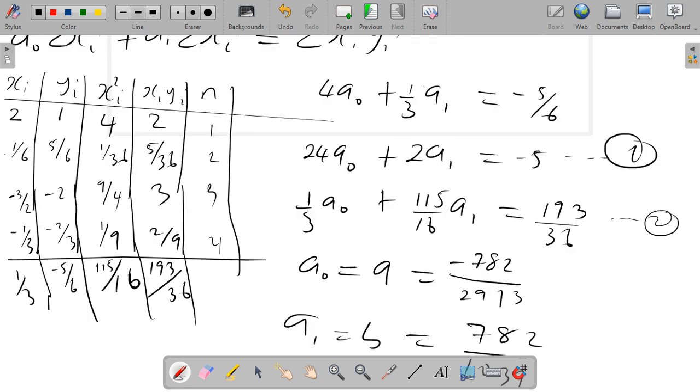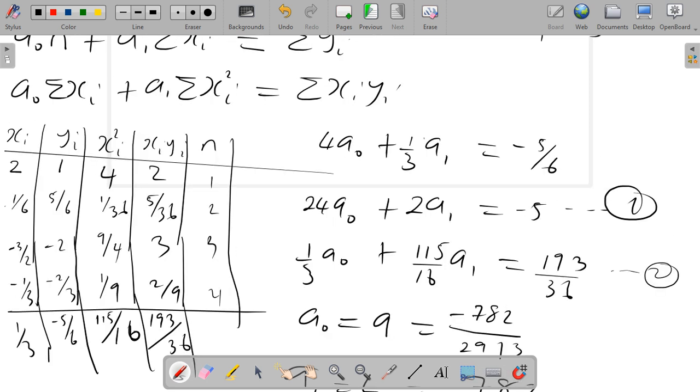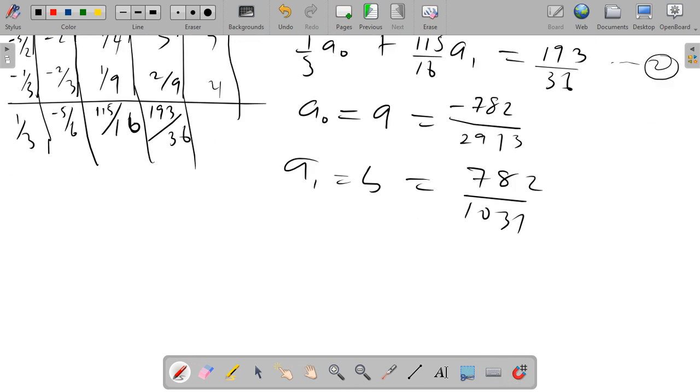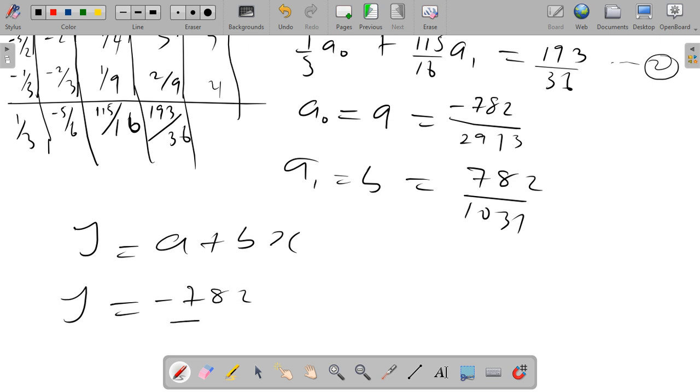So your final answer becomes, remember that the equation they gave us was y is equal to a plus bx. That's what they gave us. So y will now be equal to, put your a, minus 782/2913 plus 782/1031x. Okay, so that is that.